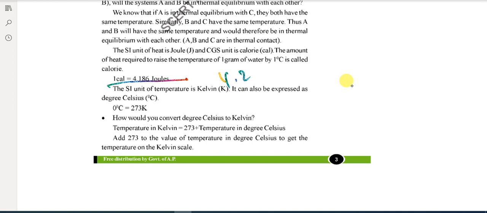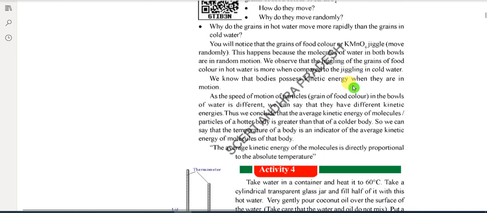So the main source is 0 degrees Celsius is equal to 273 Kelvin. That is the main point. What is the Kelvin? The SI unit of temperature. Temperature in Kelvin is 273 plus temperature in degrees Celsius. Suppose reverse, then minus. Okay, no problem.